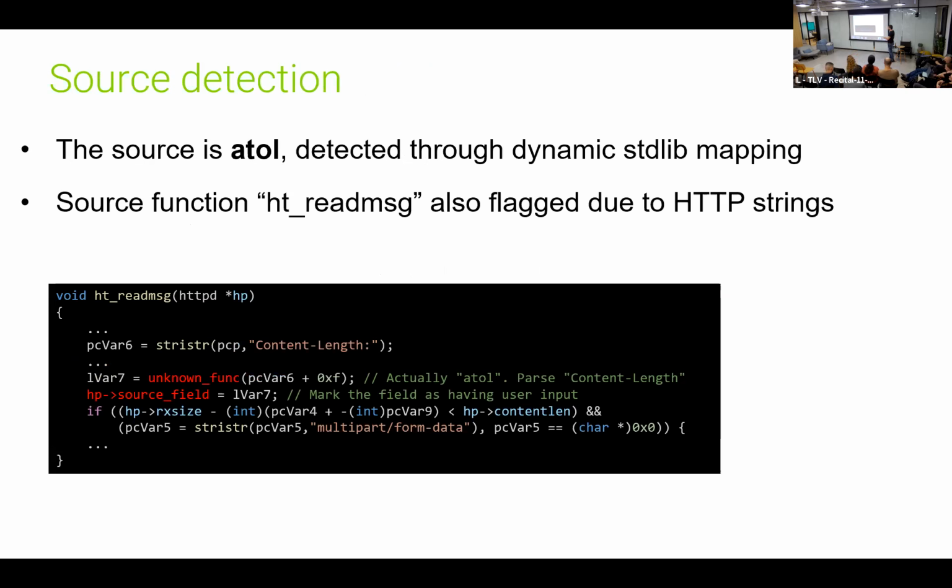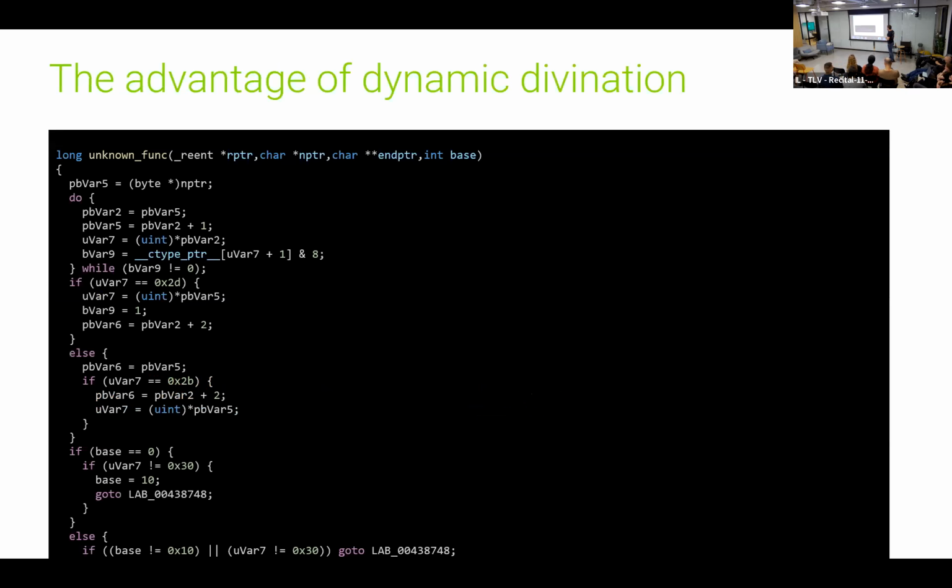Here, eventually this was the source function. Here we have some unknown function and then an assignment to a struct. After running the divination that I talked about, Sybil in this case, it actually figured out that this function is A2L, so it converts a string to an integer. This is something that we also consider as potential user input.